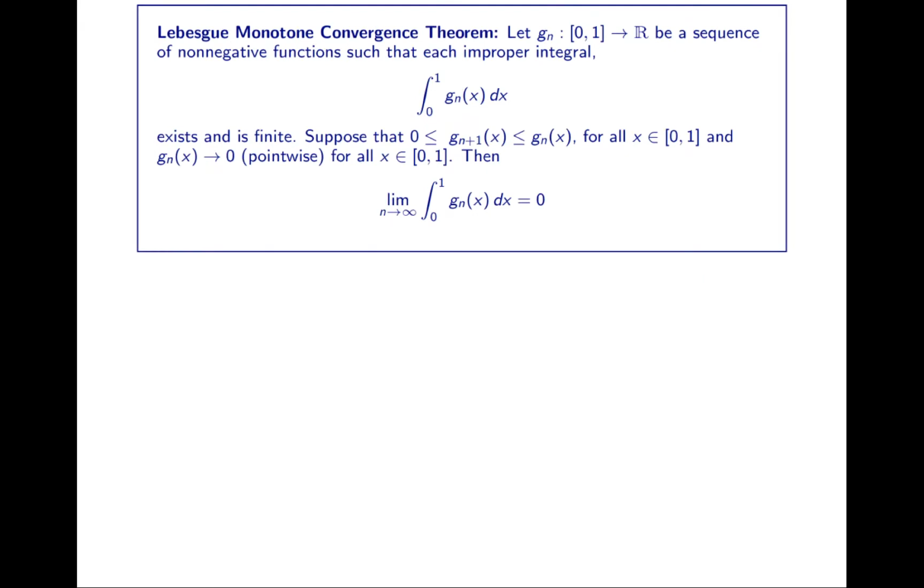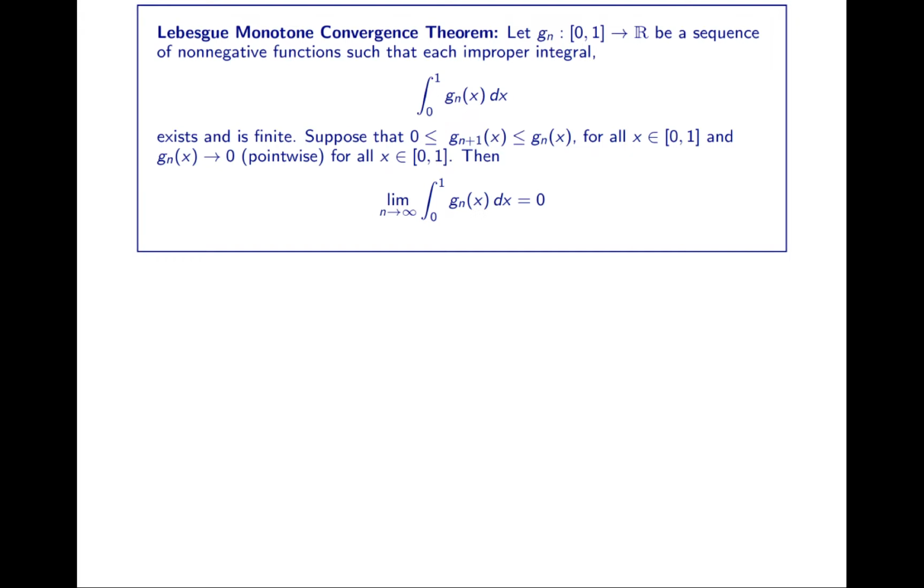So the next result we're going to discuss is the Lebesgue monotone convergence theorem. Let Gn be a sequence of non-negative functions so that each improper integral from 0 to 1 exists and is finite. Suppose that for every n, Gn is non-negative, and that the sequence is decreasing. In other words, Gn plus 1 of x is less than or equal to the previous function in the sequence, Gn of x.